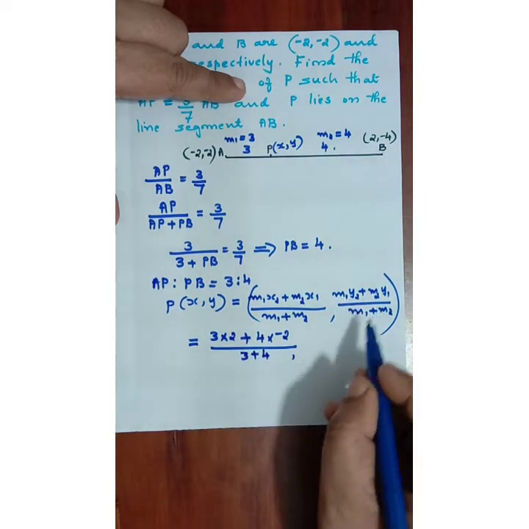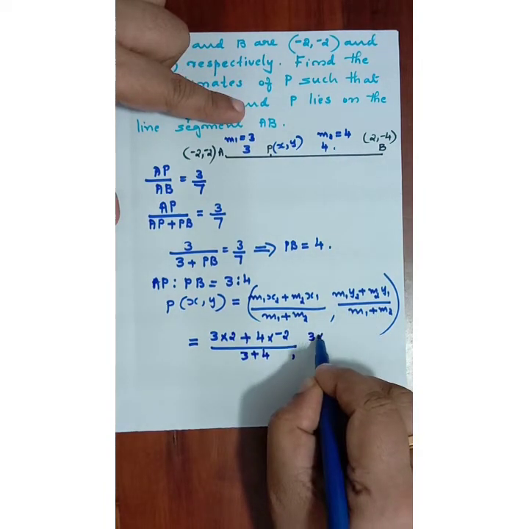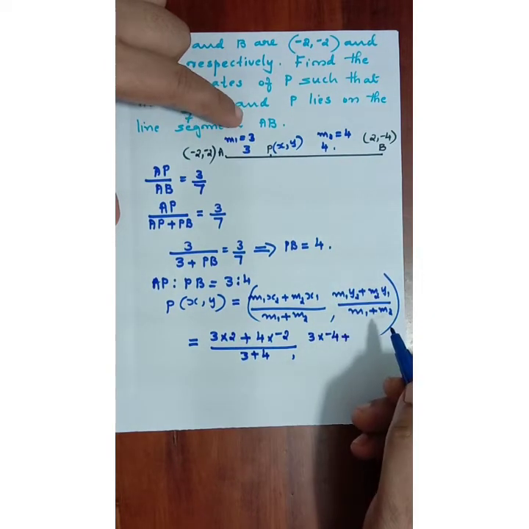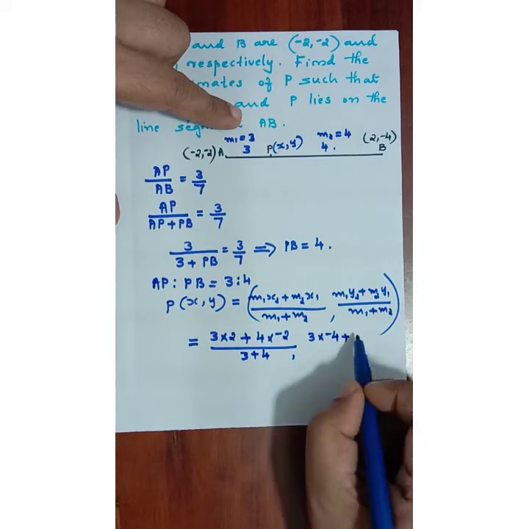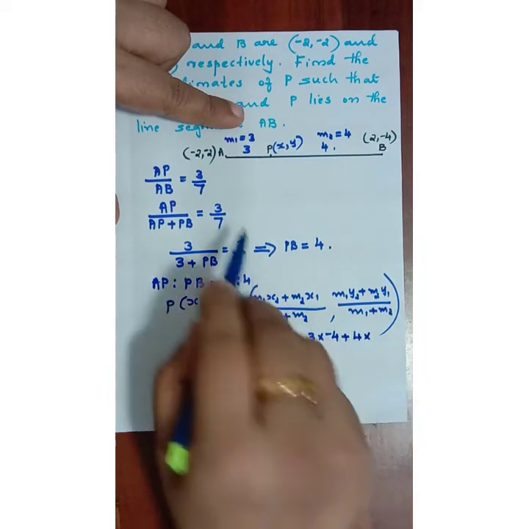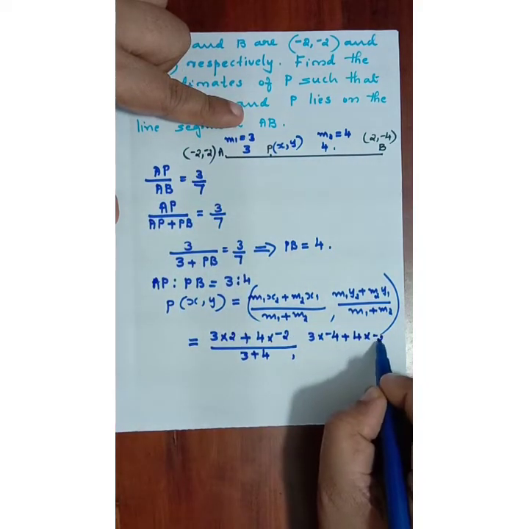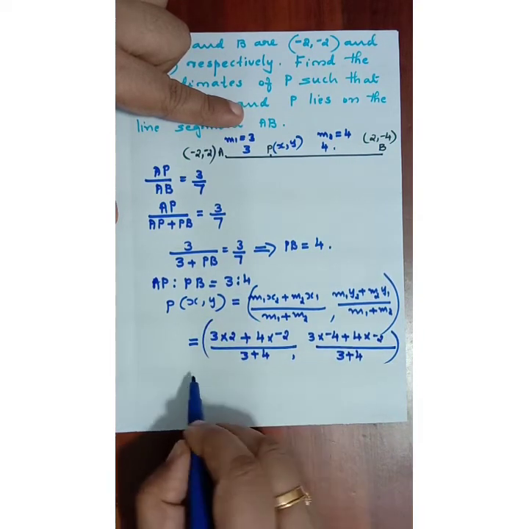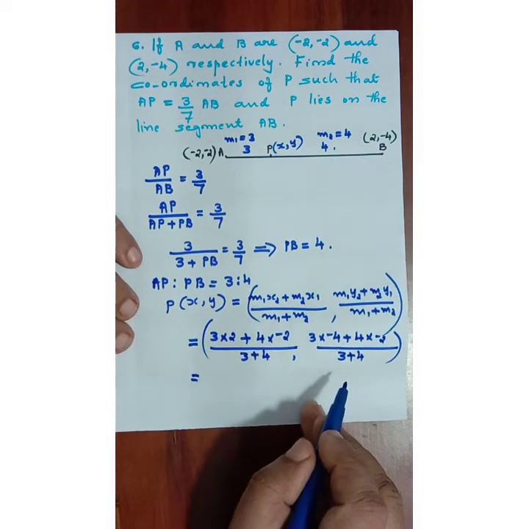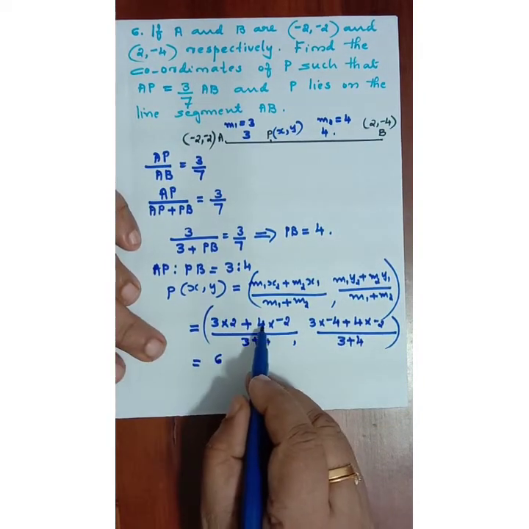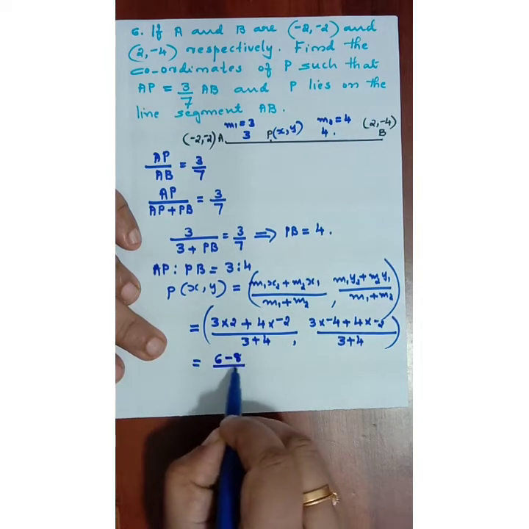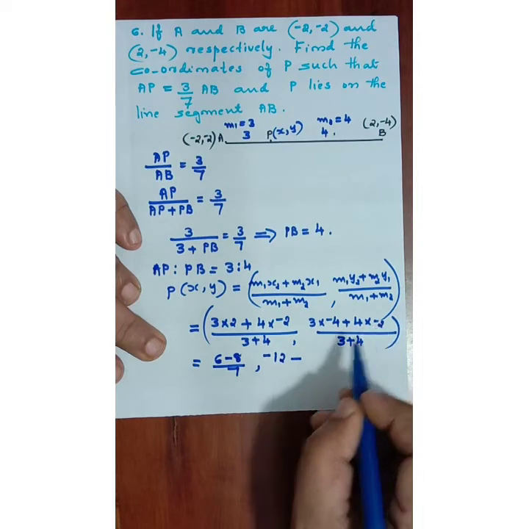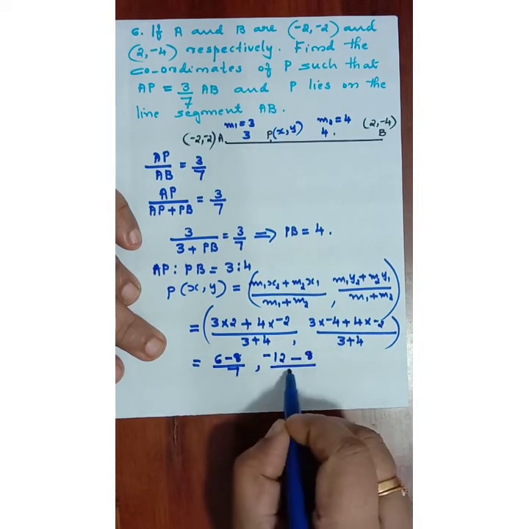Now comes M1y2. M1 is 3 into y2 is negative 4, plus M2 is 4 into y1 is negative 2, divided by M1 plus M2. This is how we have to take. 3 2s are 6. You simplify this. 6 minus 8 by 7, negative 12 minus 8 divided by 7.